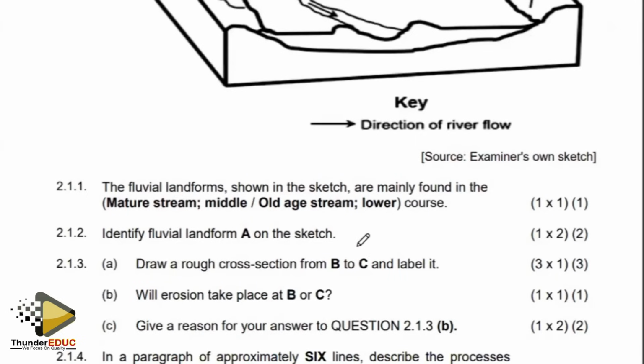The first question: the fluvial landforms shown in the sketch, are they mainly found in the mature stream, middle, old age stream, or lower course of the river? They are mainly found in the old age stream and lower course. So you highlight your answer like this.